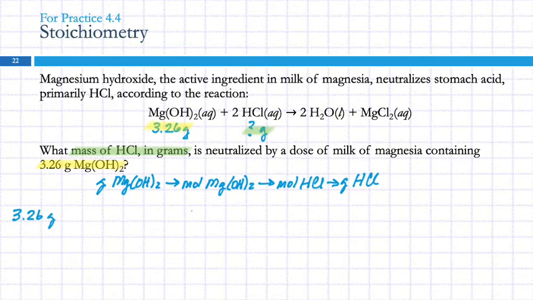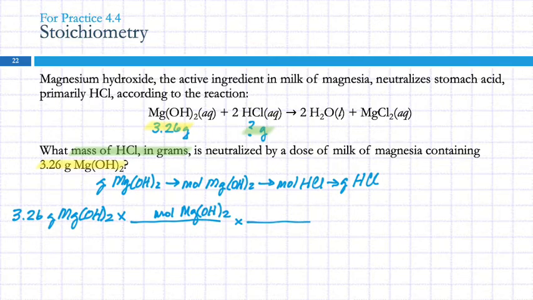3.26 grams of magnesium hydroxide. I'm going to convert that to moles of magnesium hydroxide, to moles of HCl, to grams of HCl.